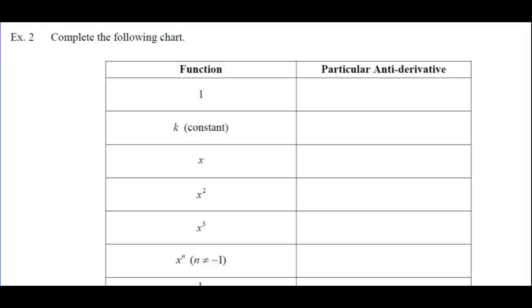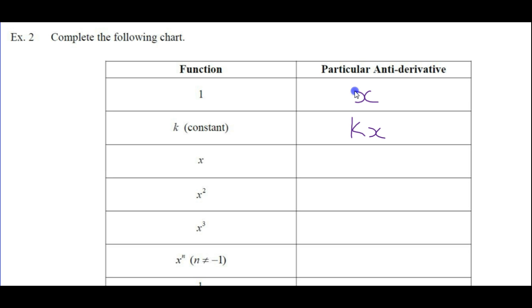So what function, when I take its derivative, am I going to get a 1? The derivative of what is 1? Just x, plain old x. What derivative is going to give me a constant? Kx.